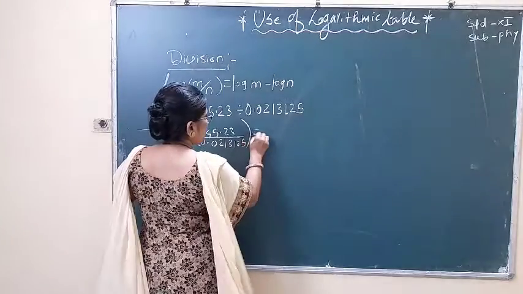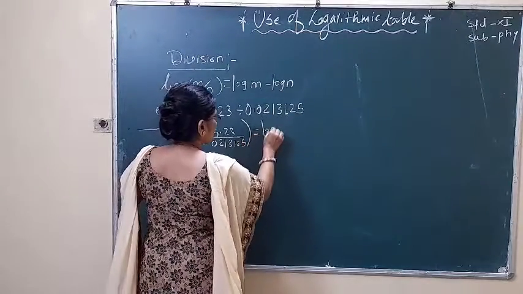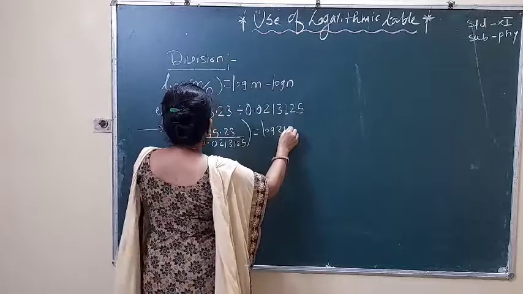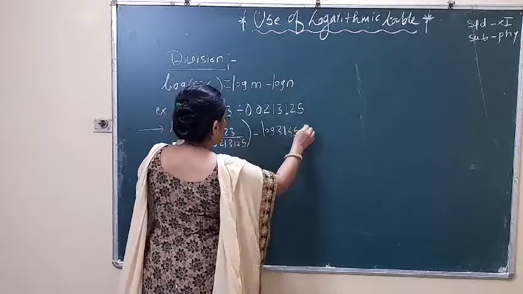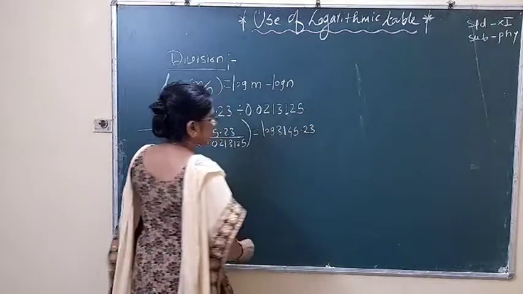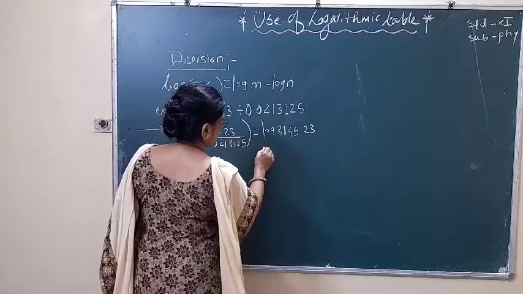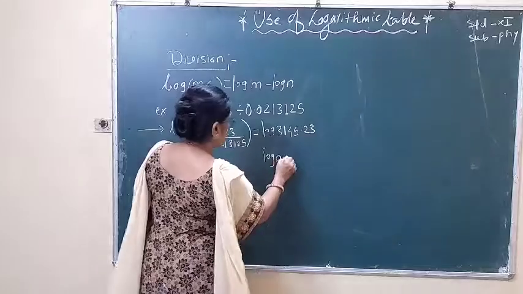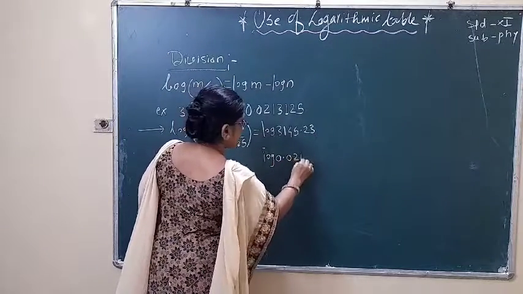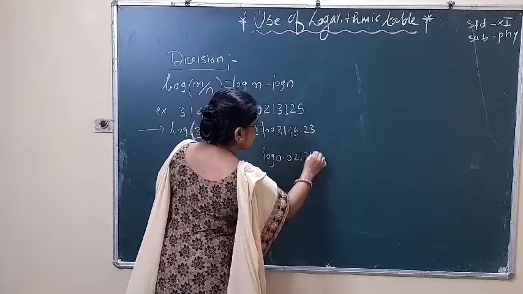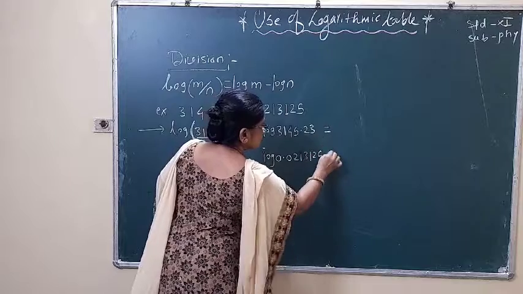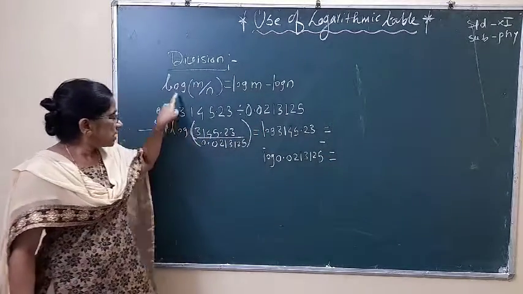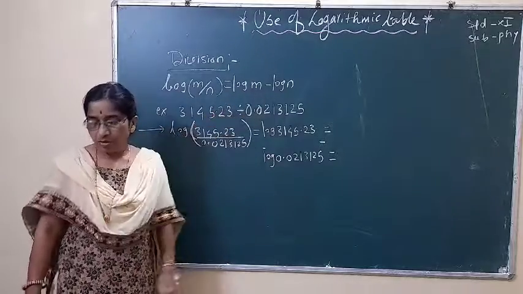Write it in vertical form: log of 3145.23 minus log of 0.0213125. In division, there is subtraction of log.